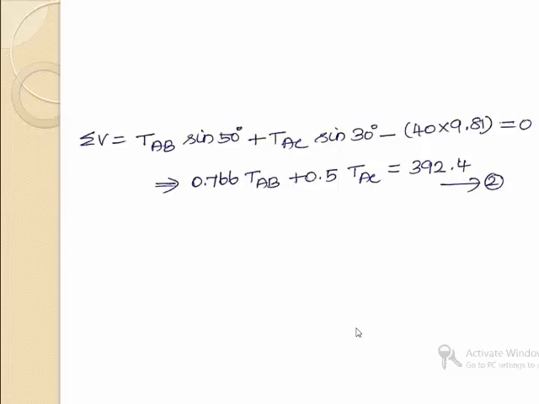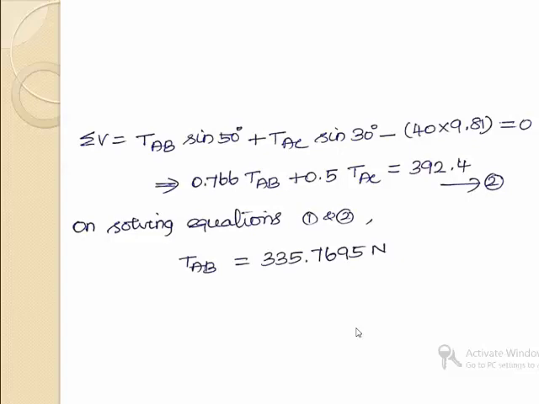We have two equations with two unknowns. By solving these two equations, we get TAB equal to 335.7695 Newton and TAC equal to 270.4011 Newton.